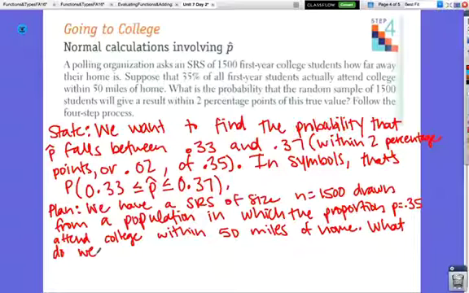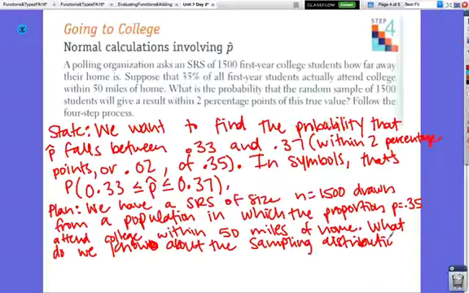What do we know about the sampling distribution of p hat?